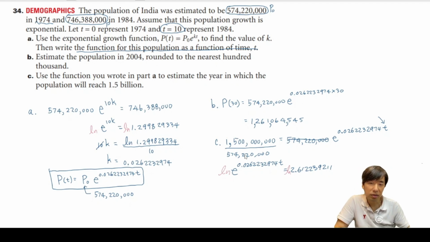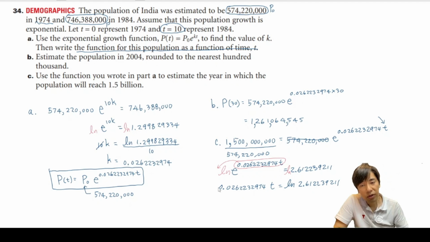Then this expression can come in front of ln. ln e is 1 again. So you end up with 0.0262232974 t is equal to ln 2.612239211.